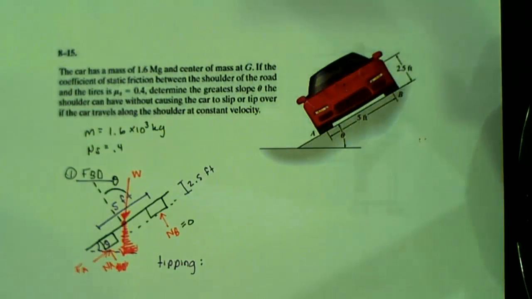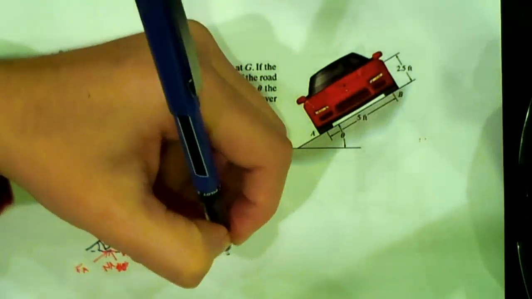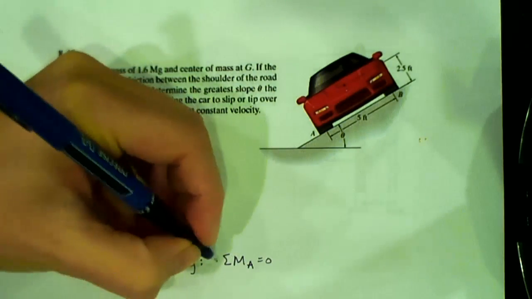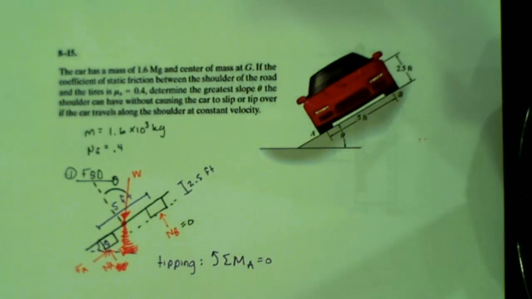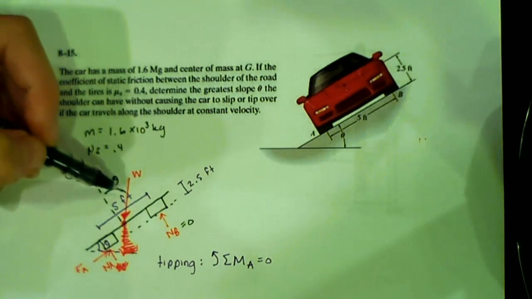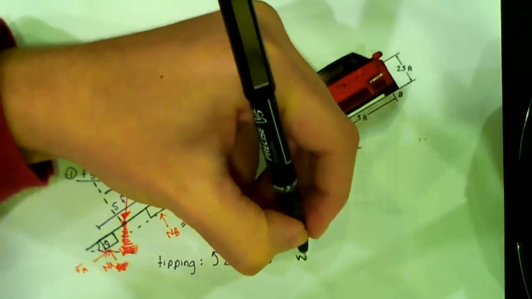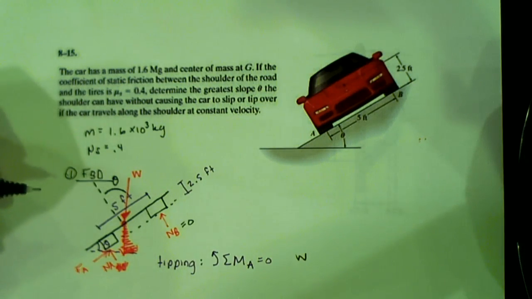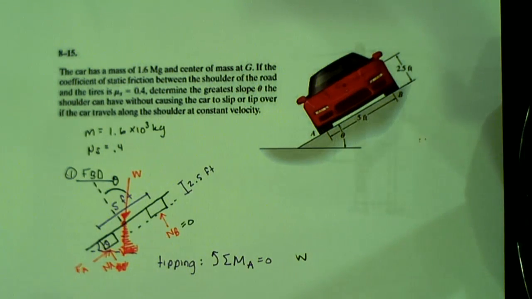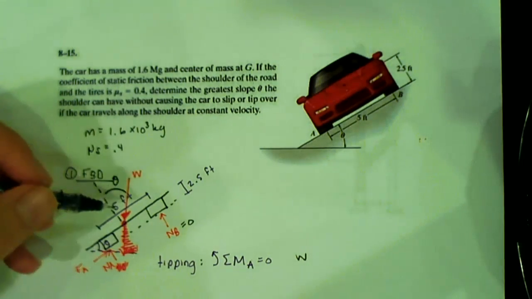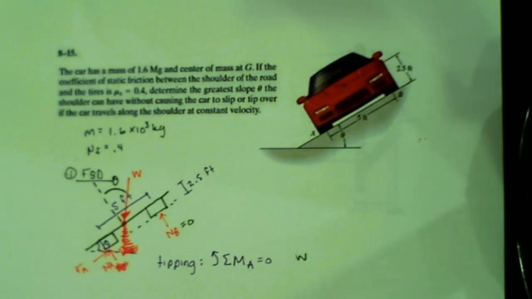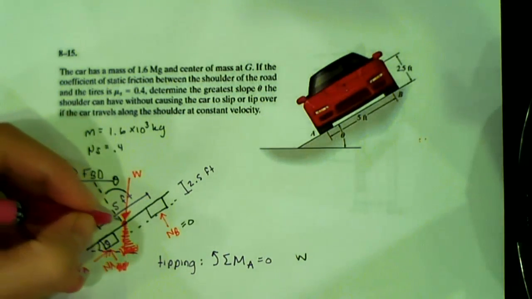So I'm going to do sum of moments. If I do sum of moments about point A equal to 0, I have W times the cosine. Remember, I'm looking at tilted axes, but even then it doesn't matter. This W, we need to get in components like this.